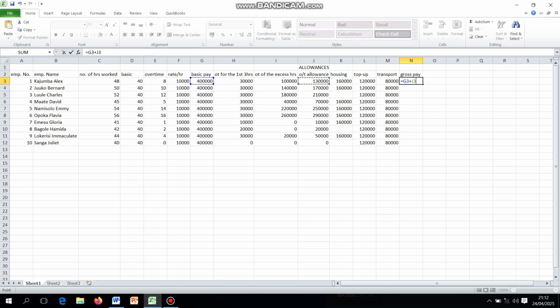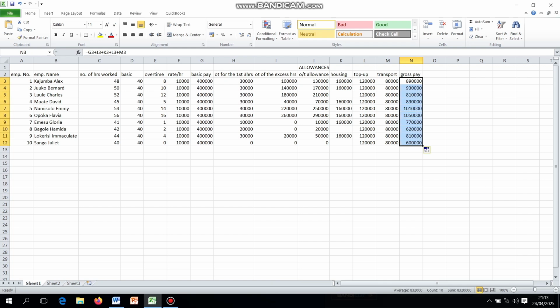We shall add this, we add this for housing, we add the top up, and we also add the transport allowance. Press enter. So we shall get that. Then we shall autofill to get everything.